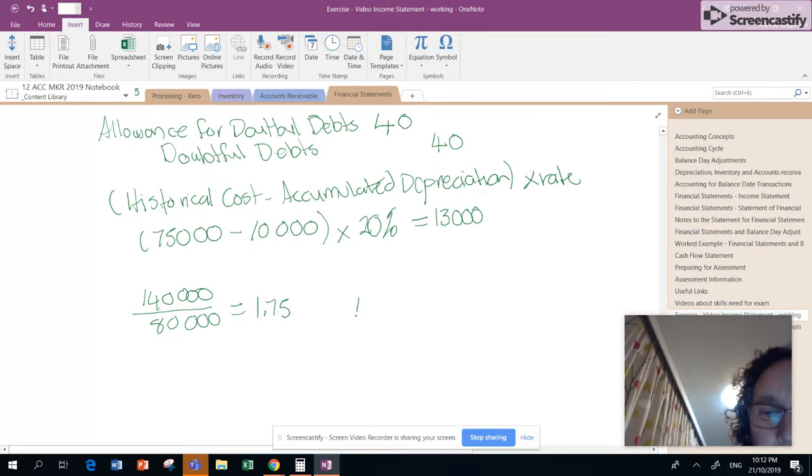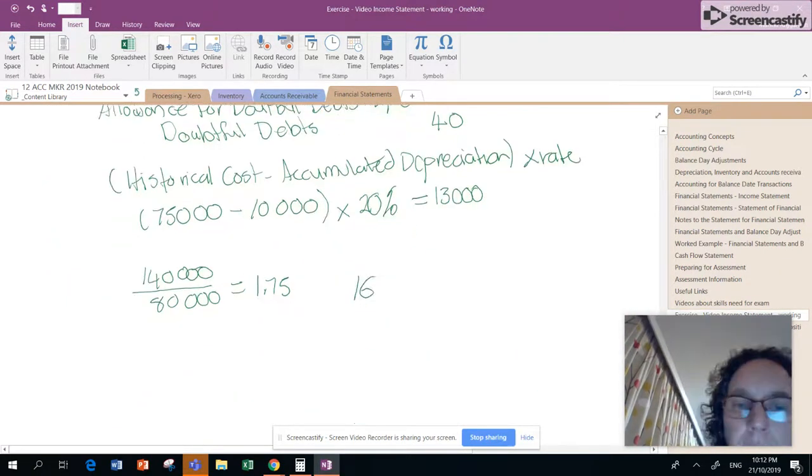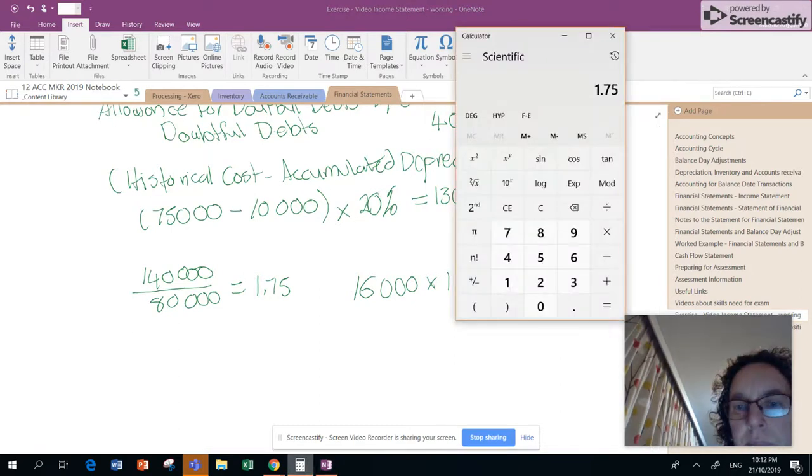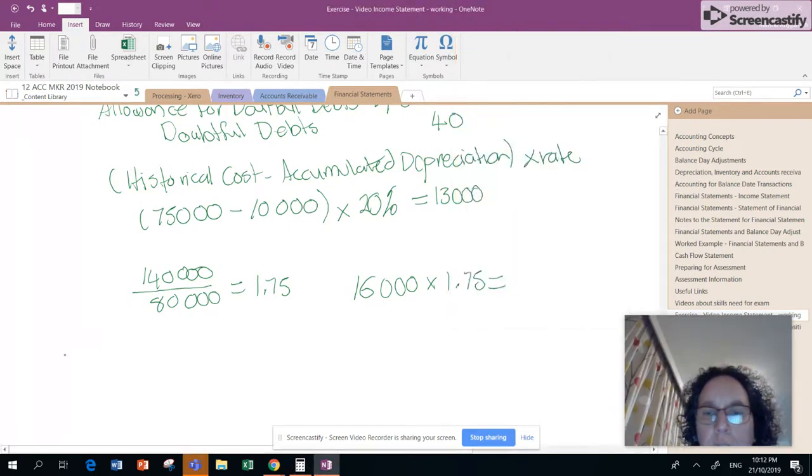And so we're going to take our 16,000 kilometres for the year and times that by 1.75. So we've got 28,000 as our depreciation.